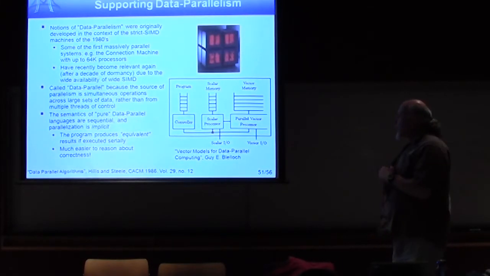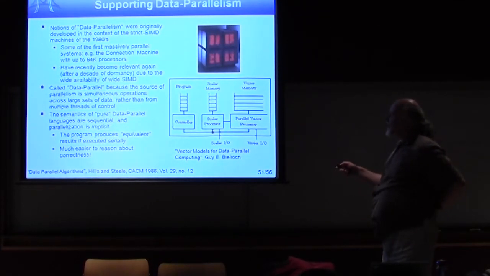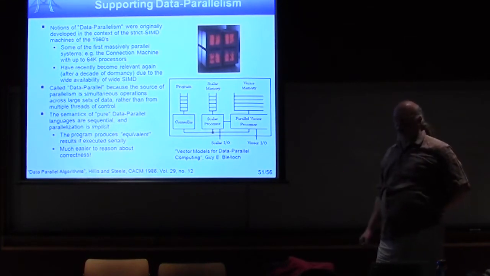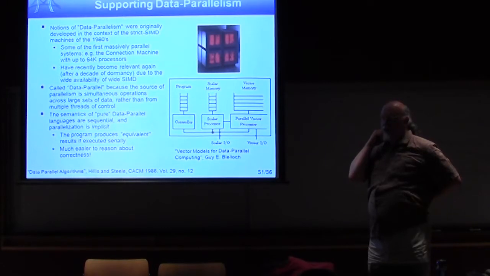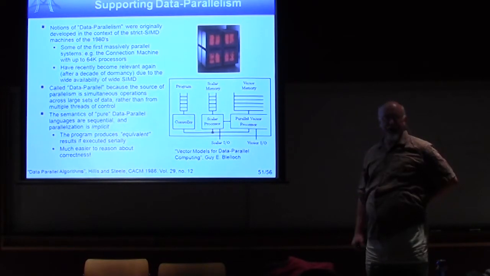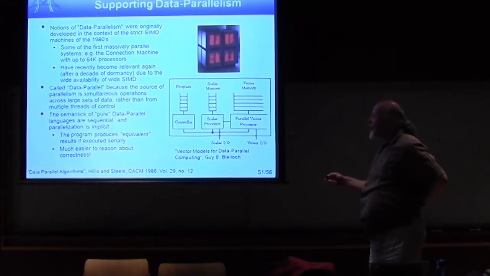Okay, so this is a little trip down memory lane for data parallelism. These first single instruction multiple data machines, back in the 80s, there was something called the Connection Machine, which, it's hard to imagine this, was an era in which you got, on a good day, 10,000 transistors, that's about 2,000 gates on a die, and it came up with 64,000 processors.